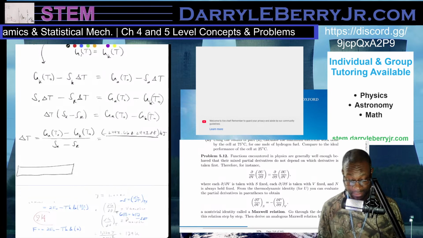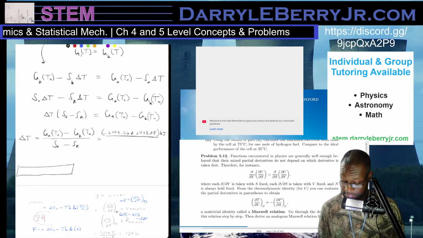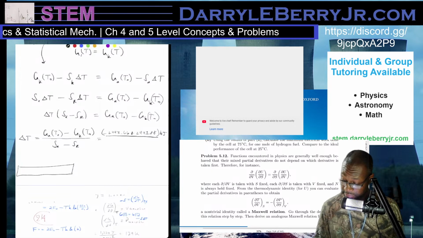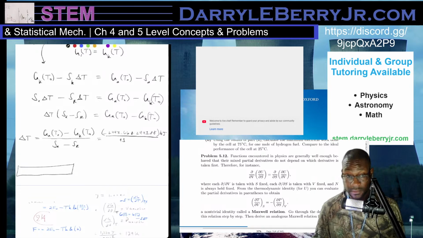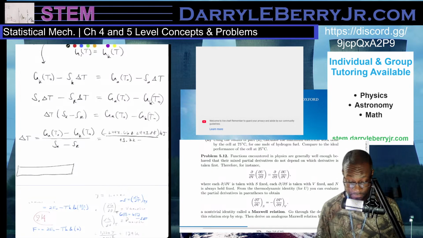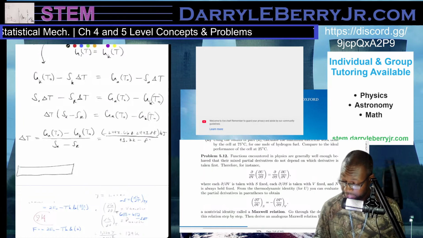And this is divided by S_A minus S_K, which is 93.22 minus 83.81.